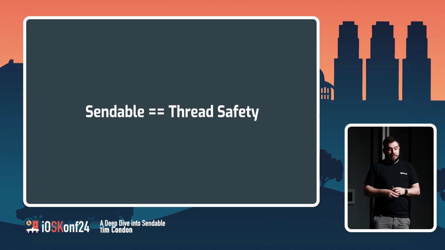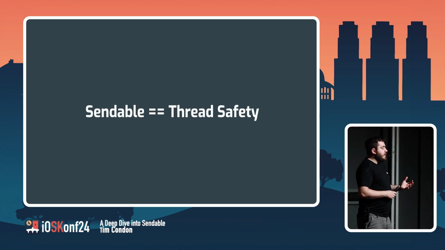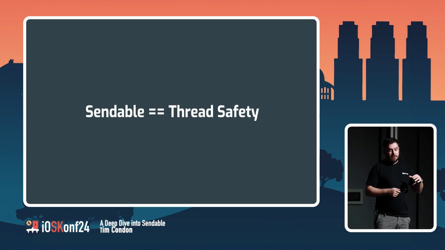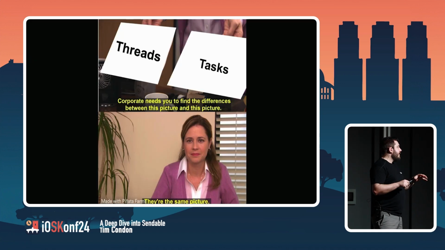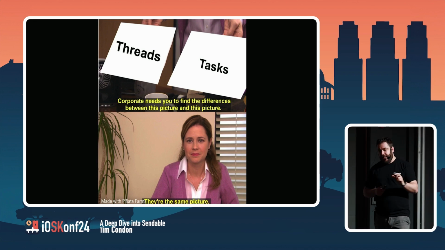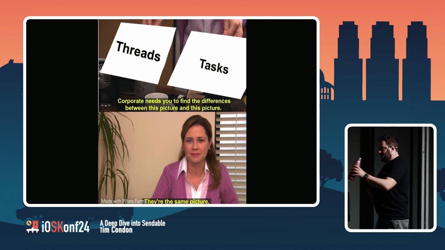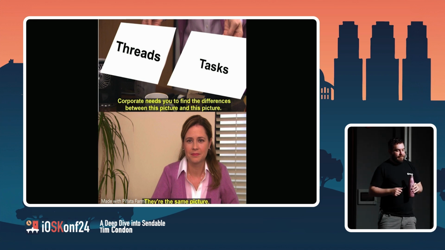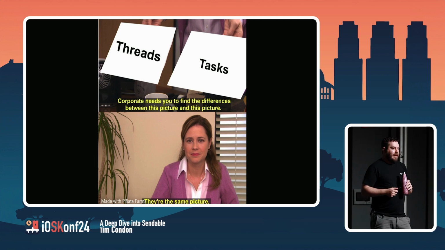And you can essentially think of Sendable as thread safety. So if a type is annotated as Sendable, then essentially it's thread safe. And I'm going to caveat this, because threads are not the same as tasks in Swift concurrency, and any compiler engineer that hears me say Sendable is the same as thread safety will get very annoyed. But if you want to think about it in an easy way, that's the way to think about it.